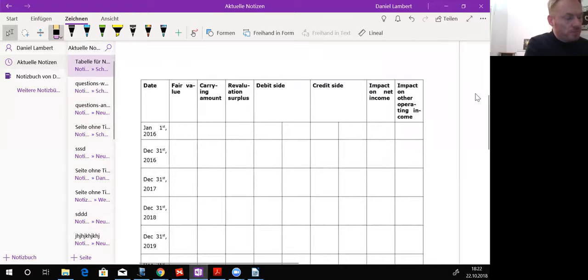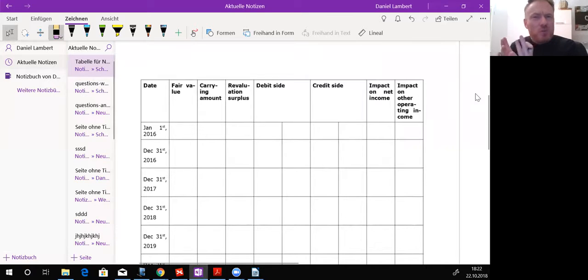So the first thing to do is the carrying amount. When taking a look at the balance sheet, there's the carrying amount. Does the carrying amount reflect the fair value or not? And as a matter of fact, yes, it does. If the fair value goes up, so will the carrying amount. If the fair value goes down, so will the carrying amount, leading to a revaluation surplus being part of other comprehensive income.